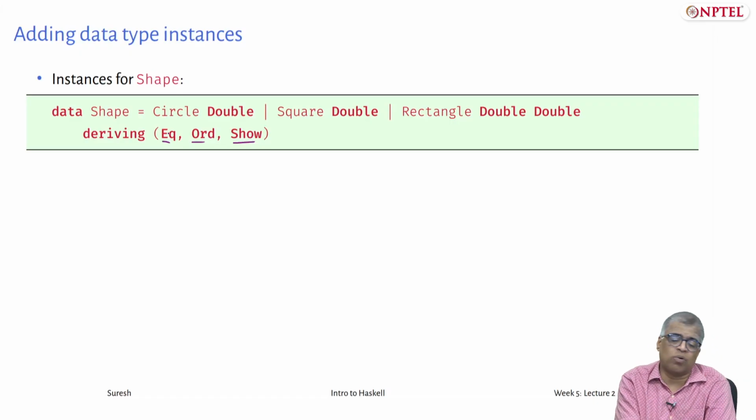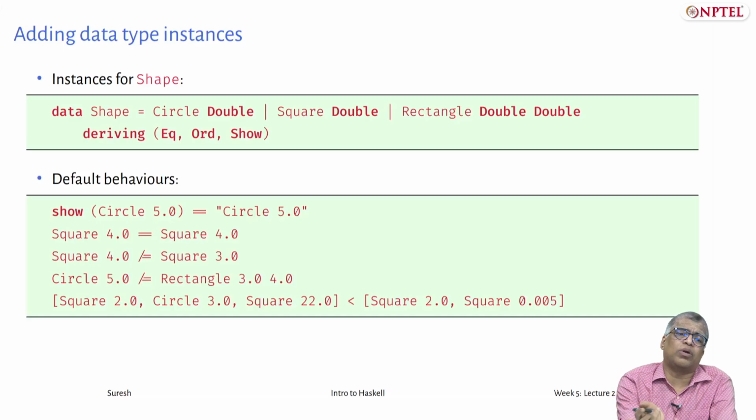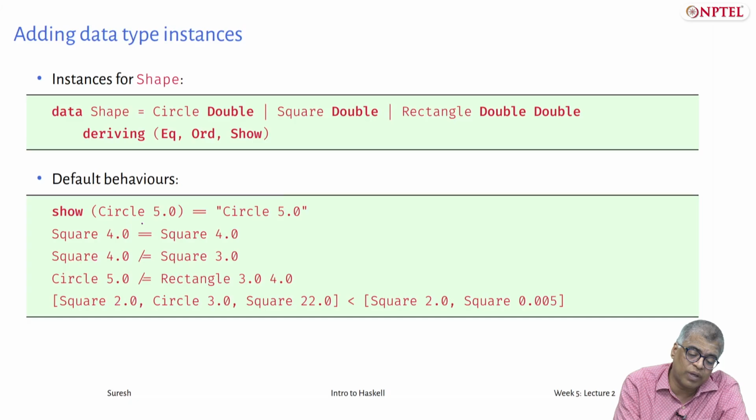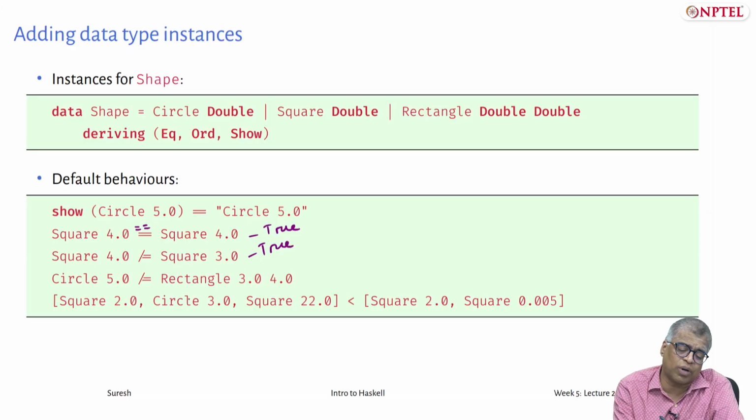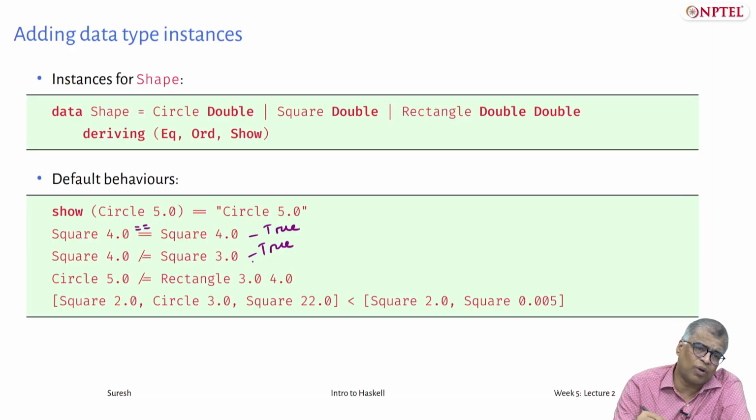And you have default behavior. Show of Circle 5.0 will just put Circle 5.0 inside double quotes. Square 4.0 equal to Square 4.0 will result in True. Square 4.0 not equal to Square 3.0 will also result in True. Circle 5.0 not equal to Rectangle 3.0 4.0 will also result in True.